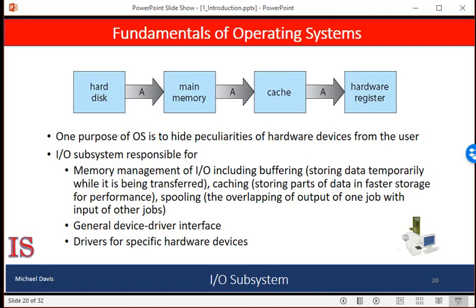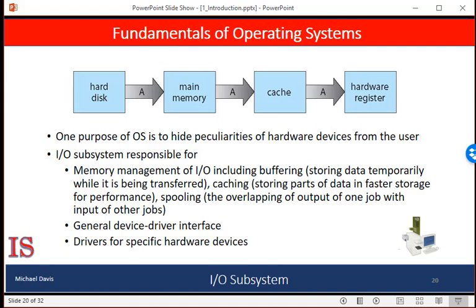One of the purposes of an operating system is to hide the peculiarities of specific hardware devices from the user. In some operating systems like Unix, the peculiarities of the I/O devices are hidden from the bulk of the operating system itself by an I/O subsystem. The input-output subsystem consists of several components.